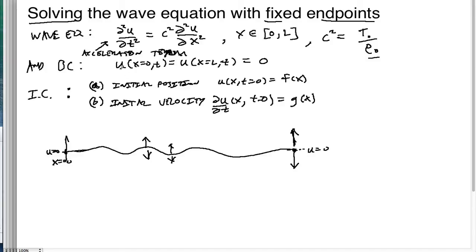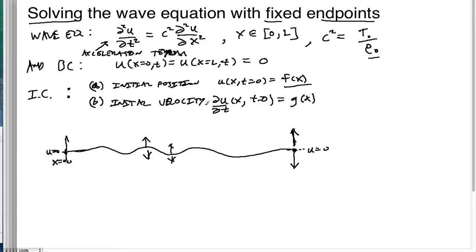Because that acceleration term is there, we're talking about a system that can be bent and distorted out of position. That's this function here. We're stretching the string and displacing it like we would pluck a guitar string. But we could also impart a little velocity into the string itself.